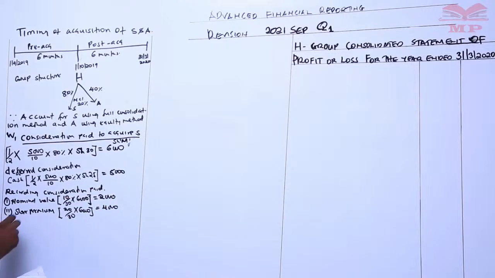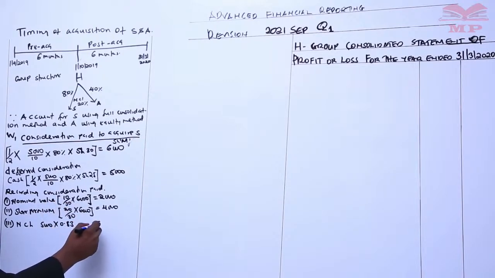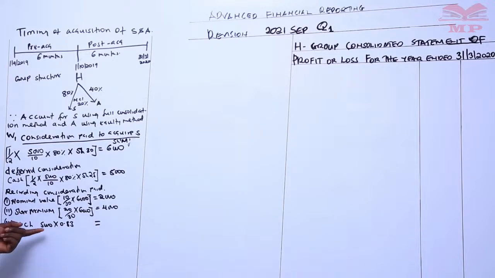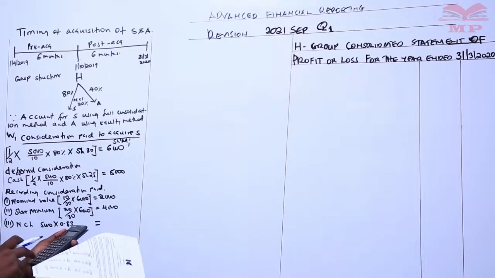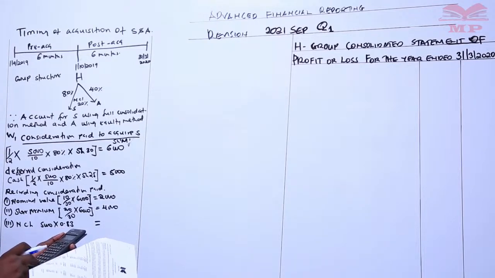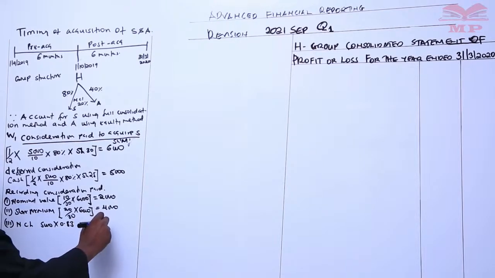Deferred consideration, non-current liability, will be 5 million times 0.83. So in short, what is the value of this 5 billion? 5 billion times 0.83 is 4150.